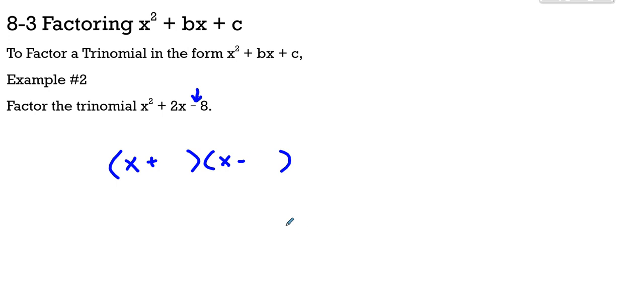I've really just looked at it and said, oh, all right, that's subtraction, so I know I'm going to have a plus and a minus. So I'm looking for the numbers that multiply together to give you -8 and add together to give you +2. Since this one is positive, I'm going to say, all right, 4 and -2. 4 times -2 gives me -8, and the 4 is the positive.